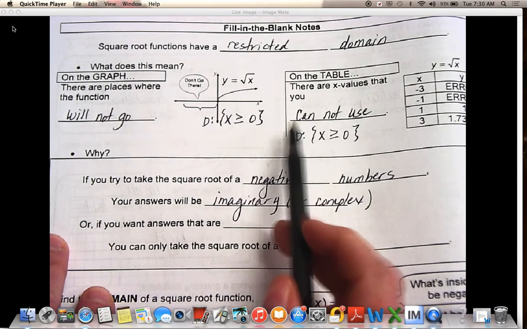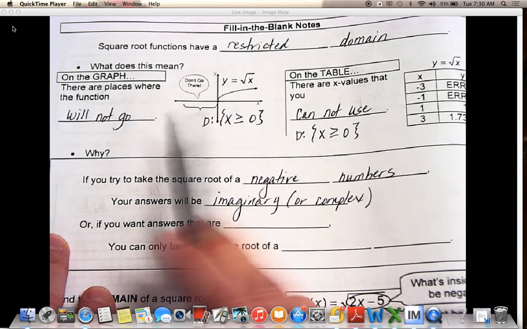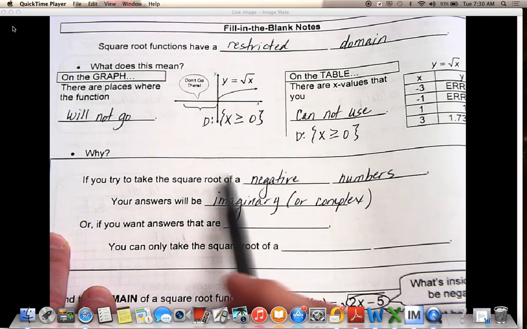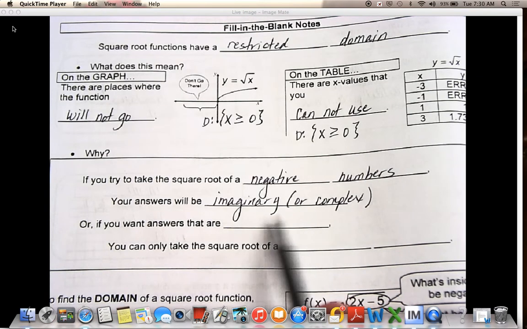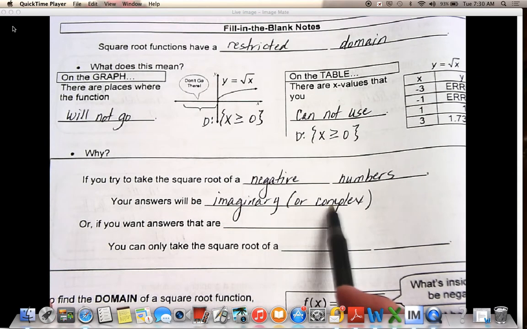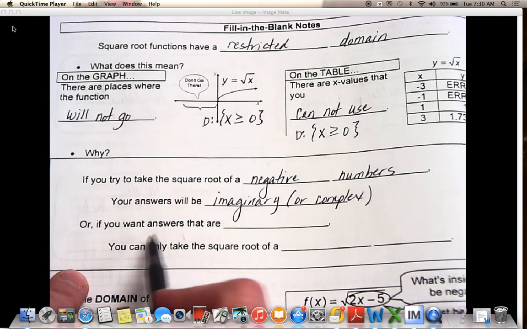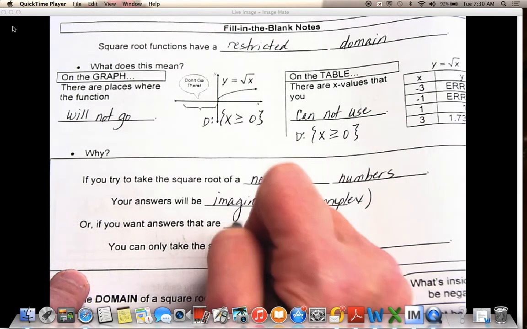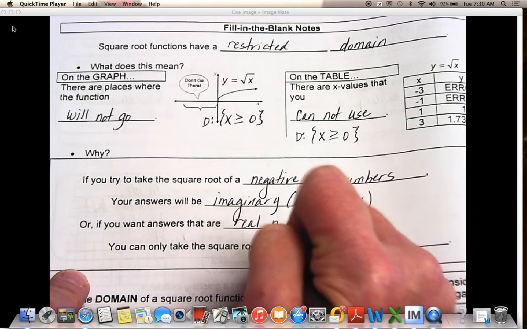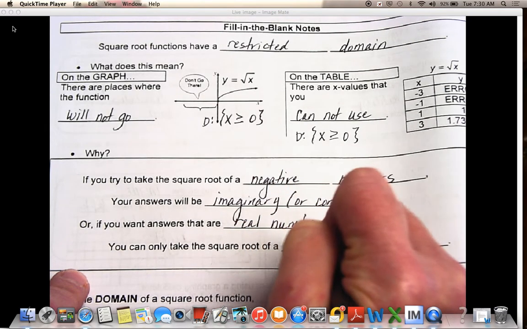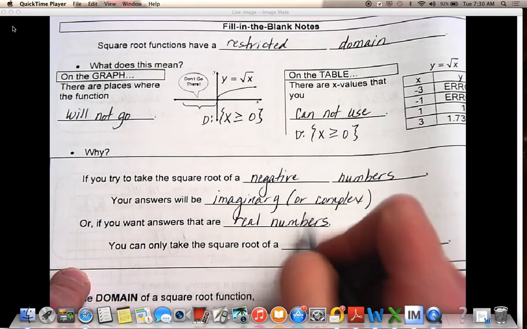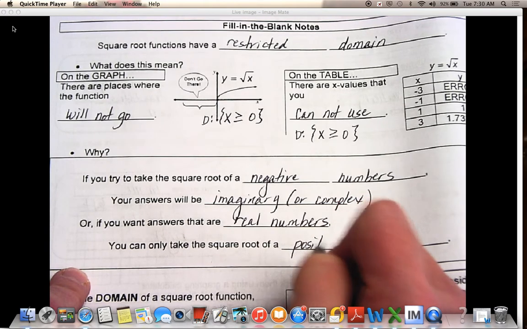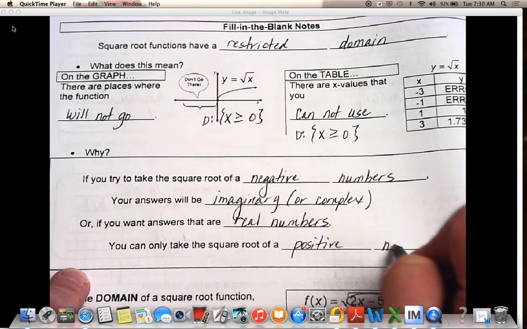So the reason we have a restricted domain is because we're not able to take the square root of negative numbers and end up with a real answer. We end up with something that's imaginary or complex. Because of that, we want answers that are real numbers. And because we want answers that are real numbers, we can only take the square root of positive numbers.